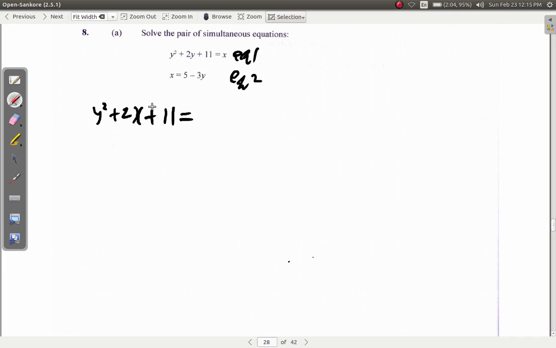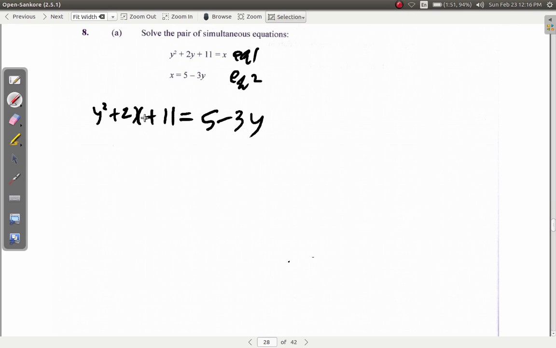So let's substitute one equation into another so that we have a new equation with only one unknown. Since we know that x is 5 minus 3y, instead of putting x here, we put 5 minus 3y.